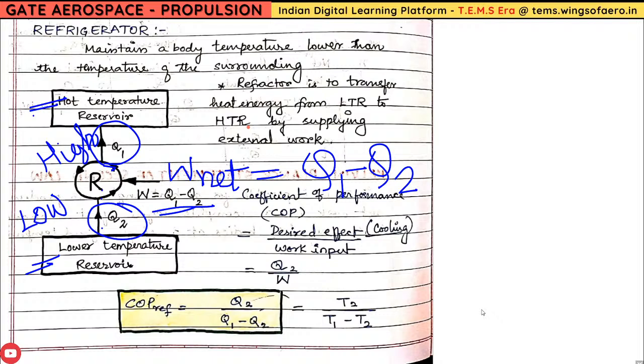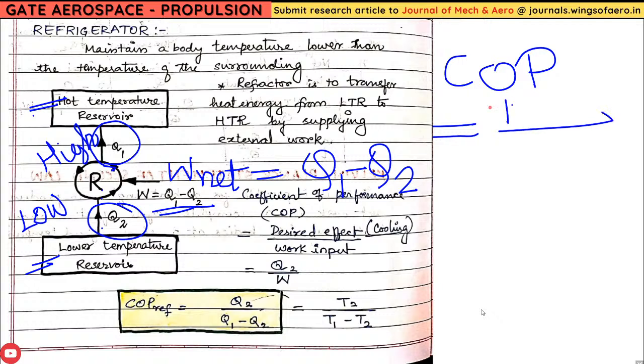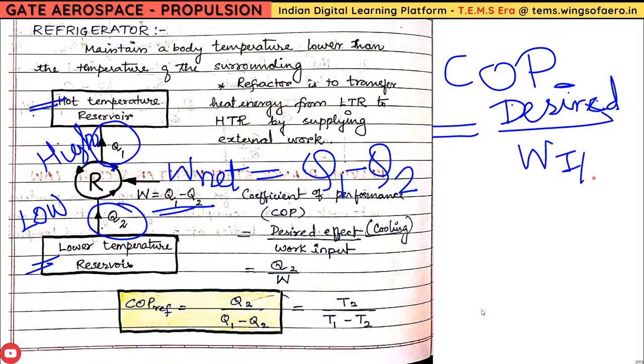It explains the ratio between the desired effect and the work input, or net work done. So when we are talking about the refrigerator, what is the desired effect?